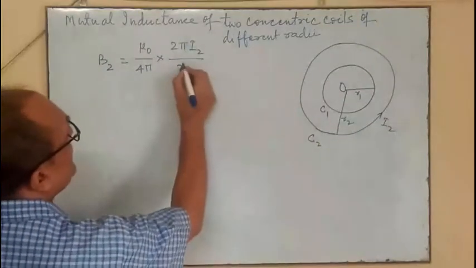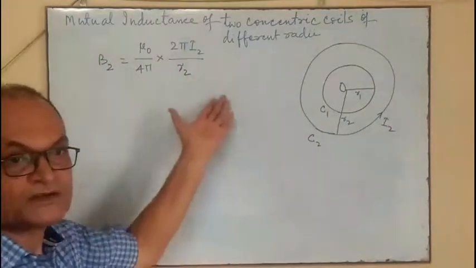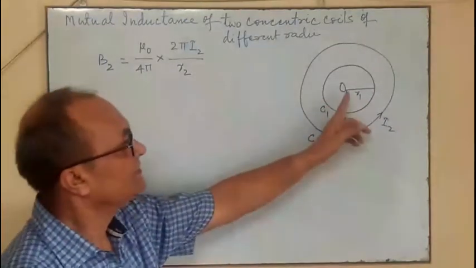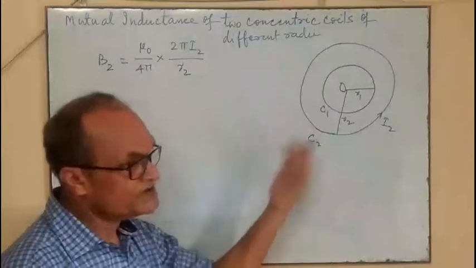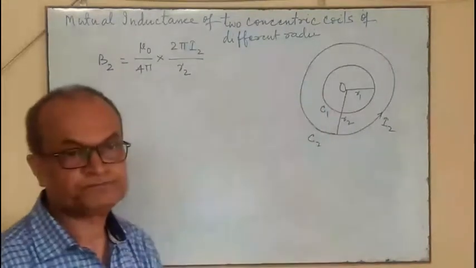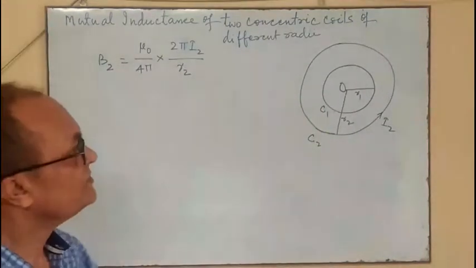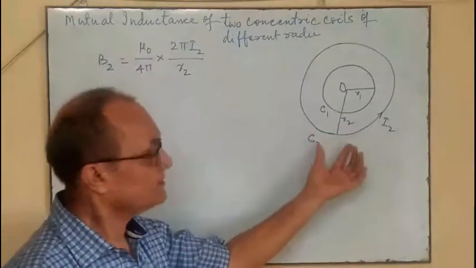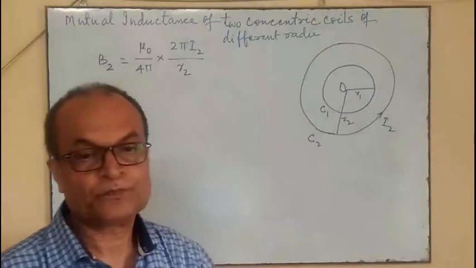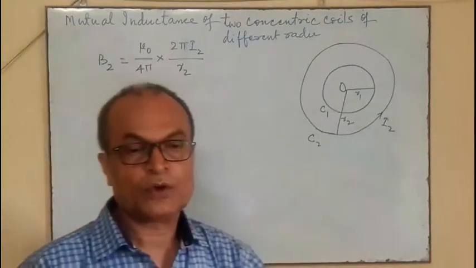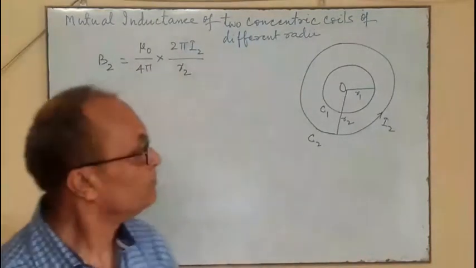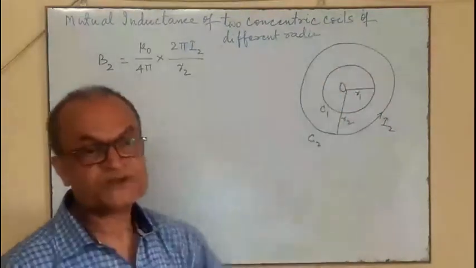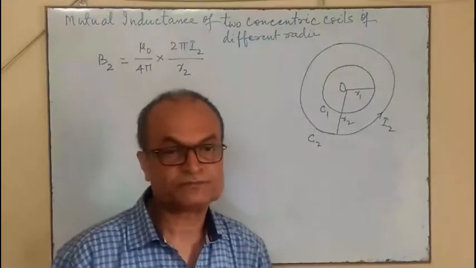This is R2. This is the magnetic field at the center of this, you may say C2 or C1, both. So C1 has a smaller radius than this, so definitely magnetic field B2 is constant over this area of C1.